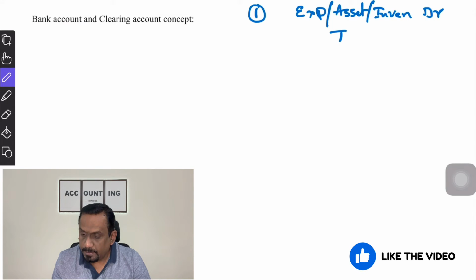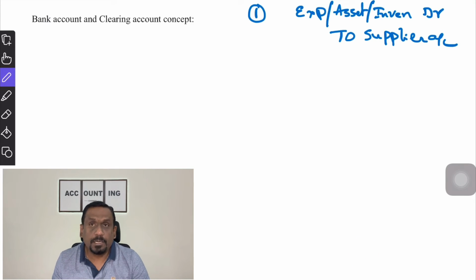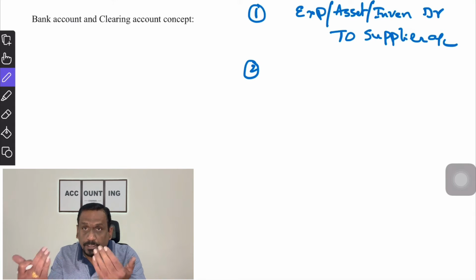And credit supplier account. This is the entry we post once we receive the invoice and process it.